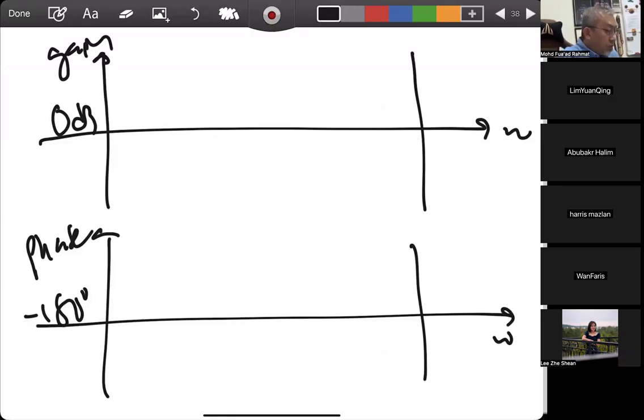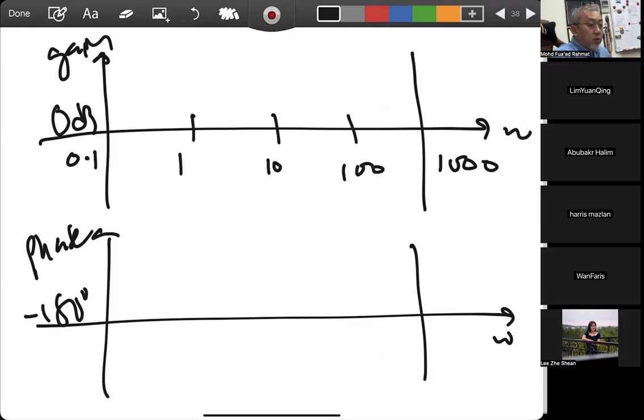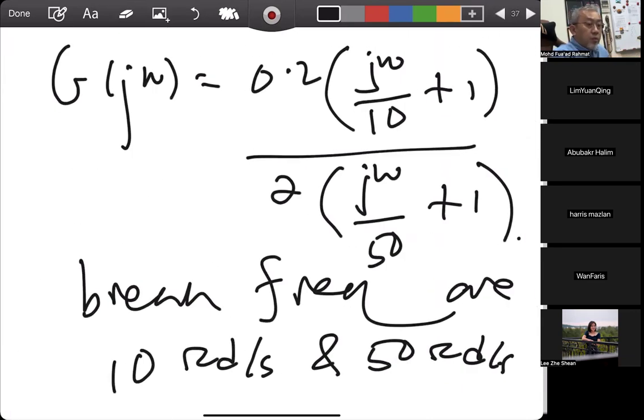Scan for the 4 decades between 0.1 to 1000, meaning that this one is 1, this one is 10, this one is 100. You draw one by one the factors which are here. So you have two factors.